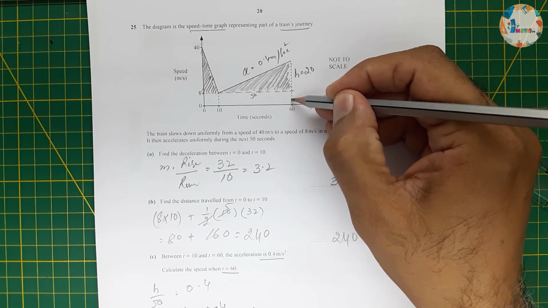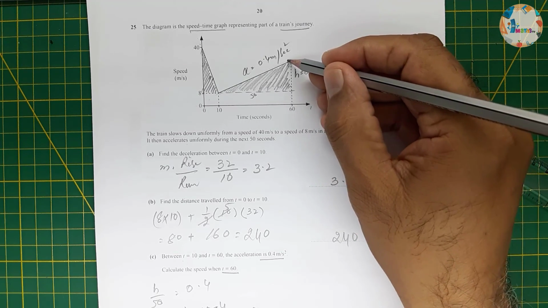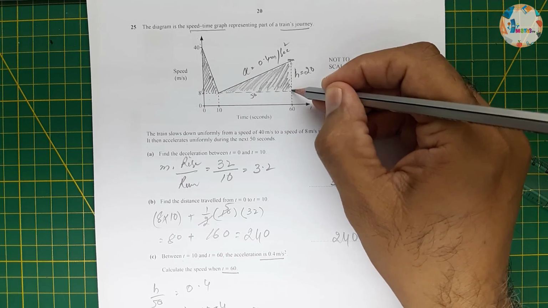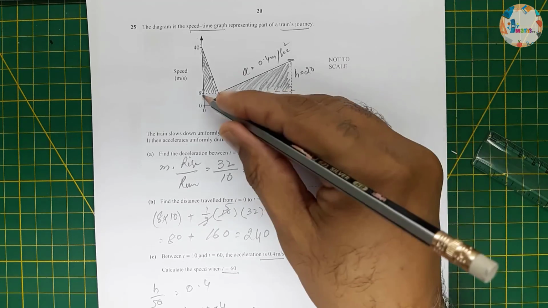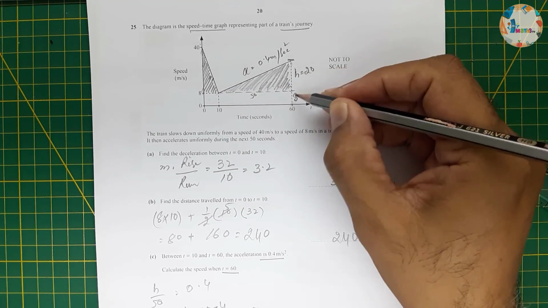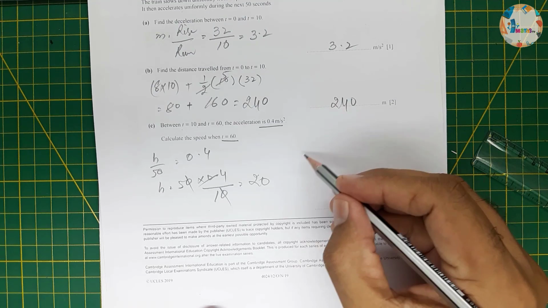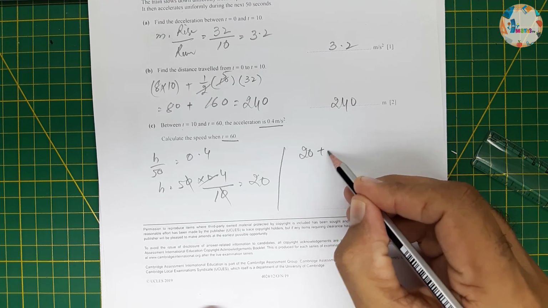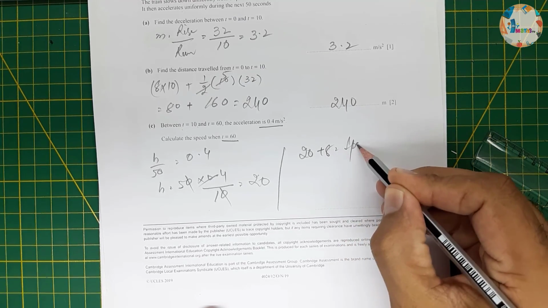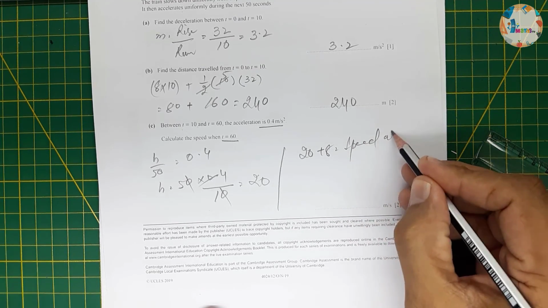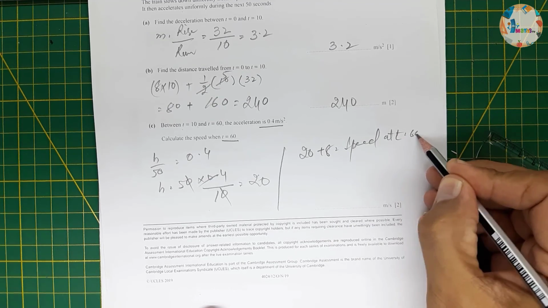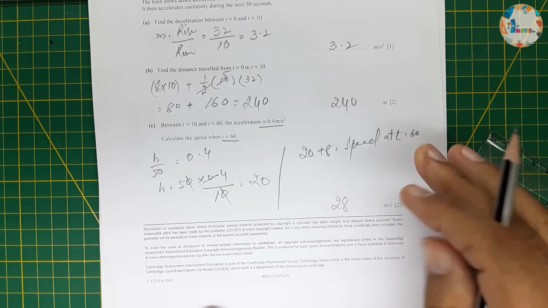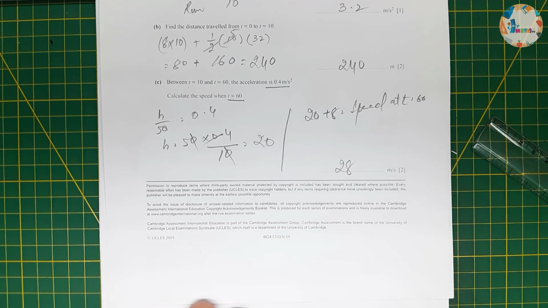But we need the total height, basically the total speed up to this point. This portion is 20 and the lower portion is 8, so 20 plus 8 equals 28. So the speed at t equals 60 is 28 meters per second.